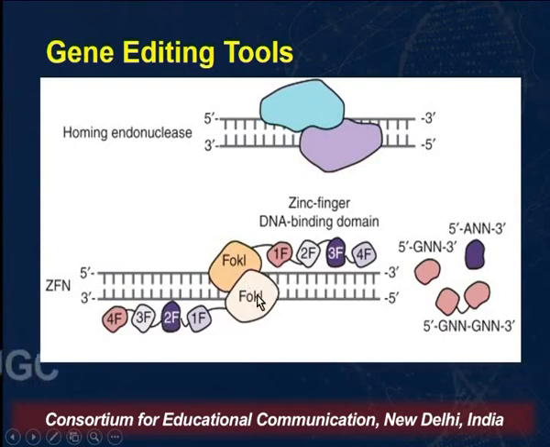And the other is a FokI endonuclease, and they attach in a dimer to the site and create the double-stranded breaks, and subsequently the repair can occur. So they bind specifically to the site recognized by these zinc finger proteins. We'll discuss them in detail.